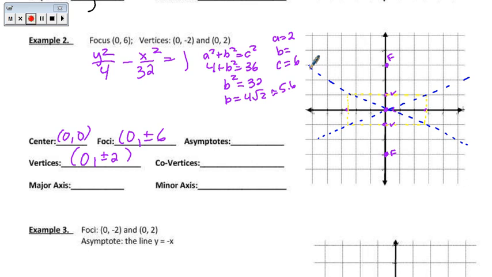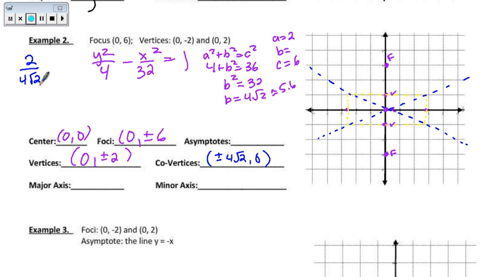So let's fill in what we know here. For our co-vertices, we are at plus minus 4 square roots of 2, 0. When I'm looking at this here, we need to get the equation of slope. We're going up 2 and over 4 square roots of 2.